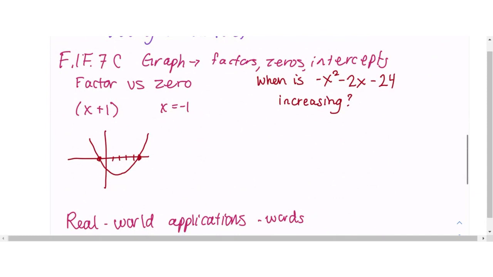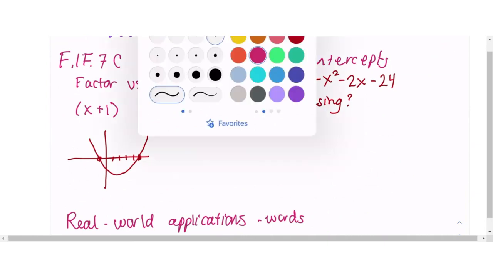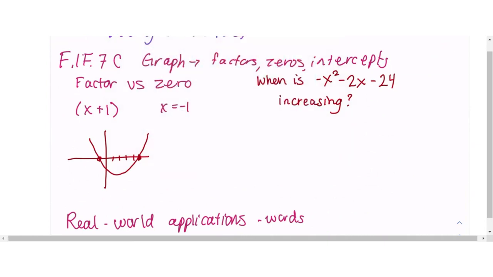F.IF.7c is more specific about when you have a graph and you need to get factors and zeros for it. So you have to know the difference between a factor and a zero. Let me give a little pro tip. They have in the lesson the difference between a zero and an x-intercept. They also call it a root, and they all have different definitions.